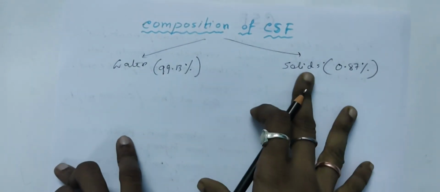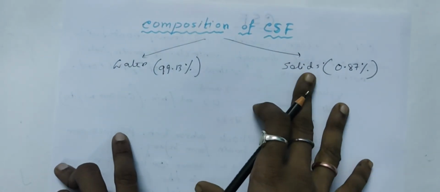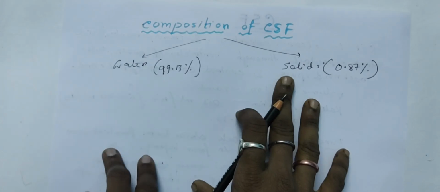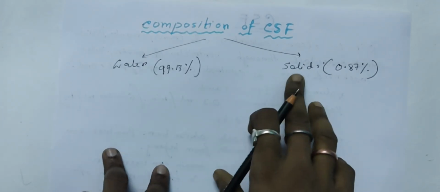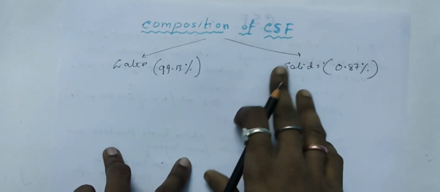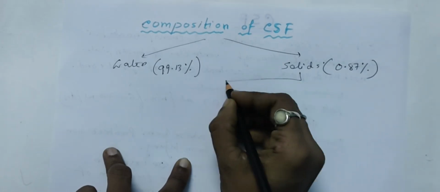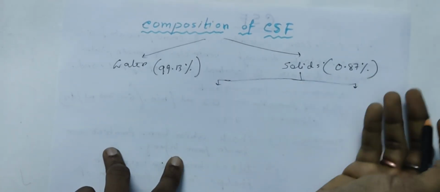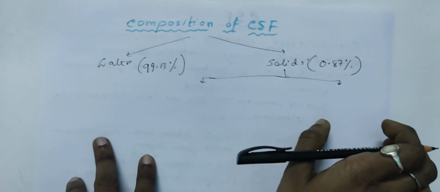Okay, so the main composition of the CSF is water and solids. Water is more as it's a fluid. Now come to the solids. What kind of solids are available? Solids are also divided into organic substances and inorganic substances. Okay.